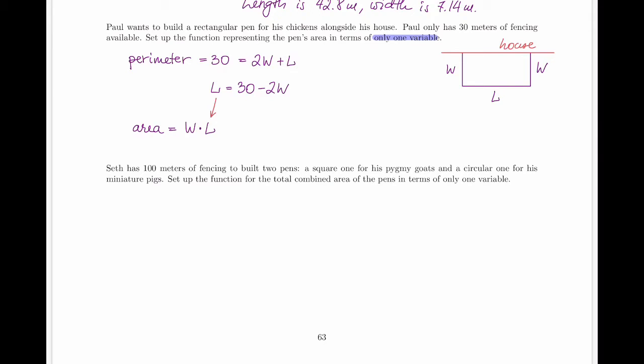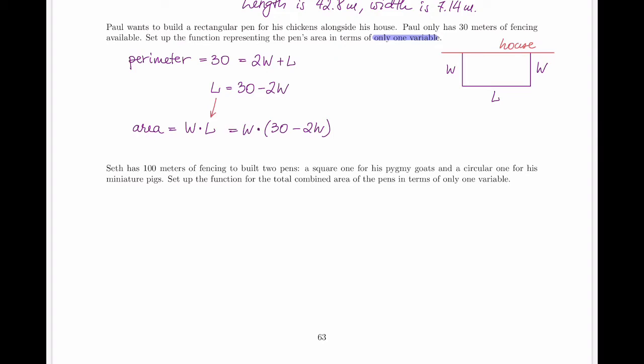I'm going to get W times L, except L is 30 minus 2W. And we're done here. I have the function representing the area in terms of one variable only. This variable is the width of the chicken coop. It could have been the length, but I chose the width. So this is my final answer.